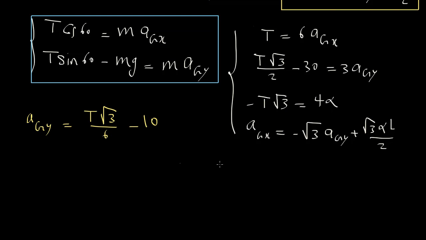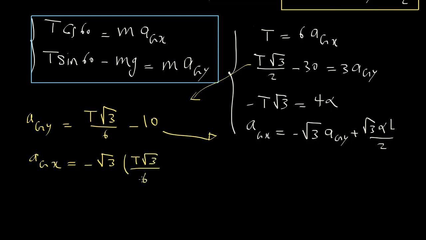That's Agy. And this is from this equation. And now let's substitute this equation into this equation. We get Agx is equal to minus square root of 3 times Agy, which is T square root of 3 over 6 minus 10, plus square root of 3 alpha L over 2.